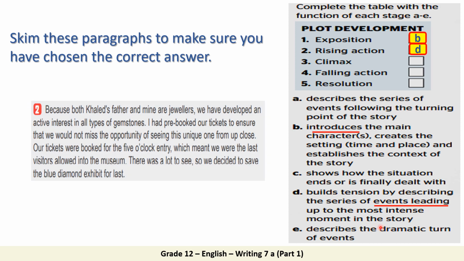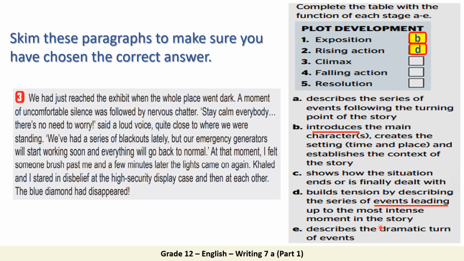Right, how about number 3? Pause, read, done. The function of the climax paragraph is that it describes the dramatic turn, the conflict, the struggle, the peak, the turning point of events.